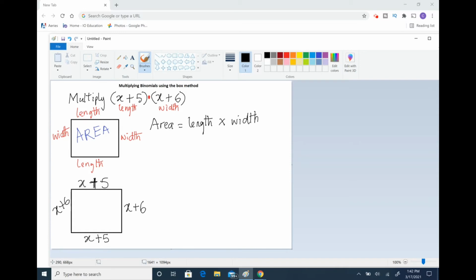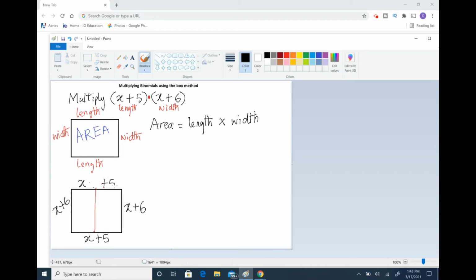This plus sign between the x and 5 will help us split this side. We're going to split x plus 5 into two parts. One part will be x and the other part will be positive 5.